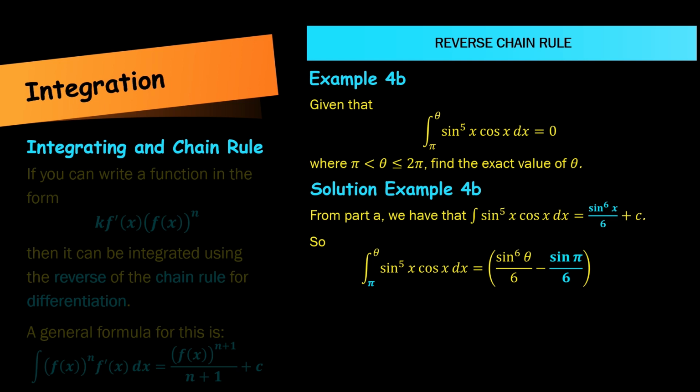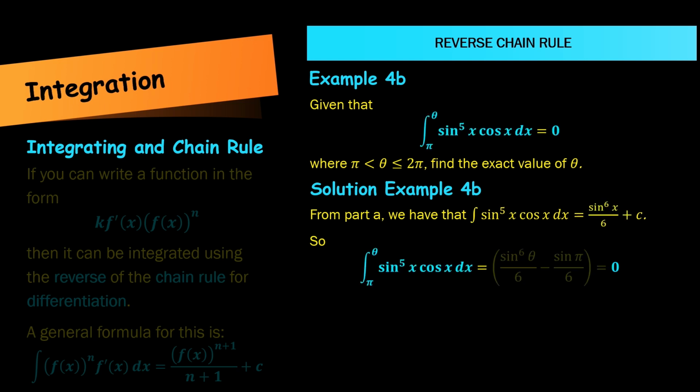And from our assumptions in the question, this is equal to 0. And therefore, we're going to solve for sin theta to the power 6 over 6 minus sin pi to the power 6 over 6 equals 0.